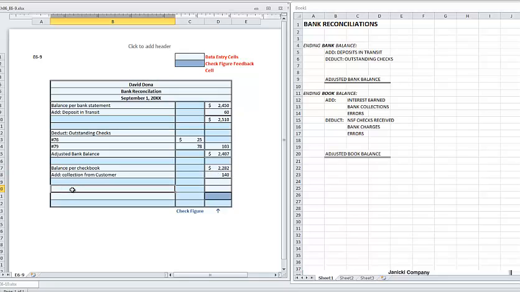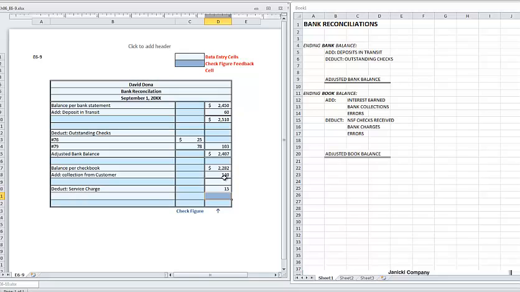The next adjustment said the bank charged $15 for service and deducted it from David's account. Okay, so we will deduct the service charge, and it was for $15.